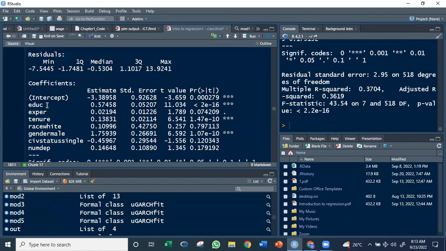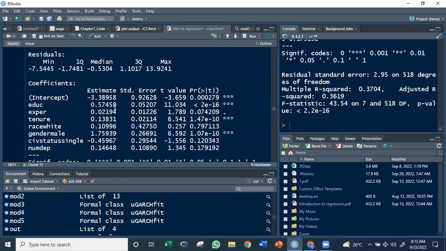So we impose ceteris paribus, all things being the same.